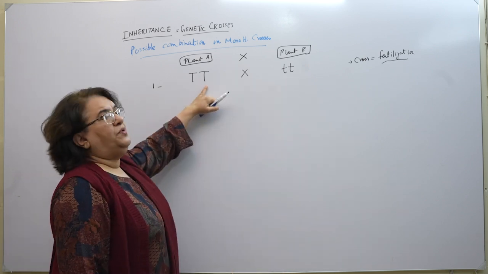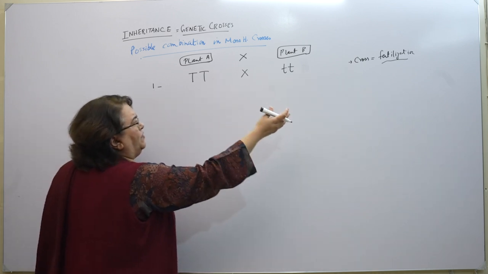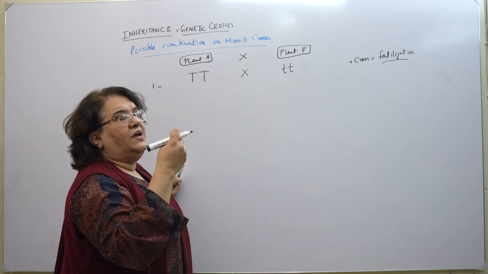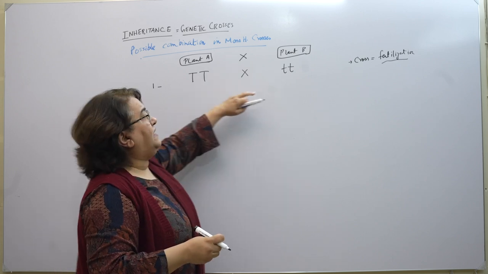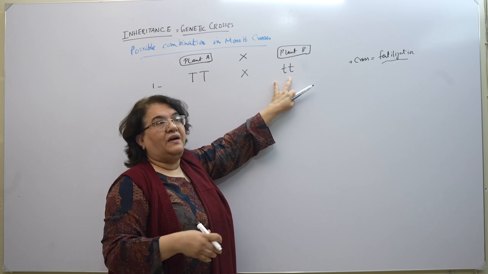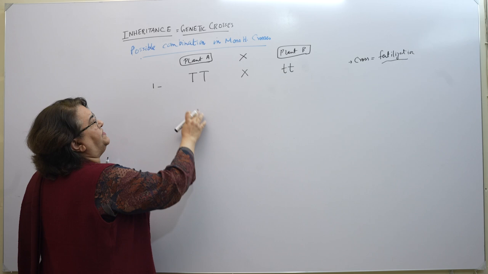But mind you, this is a pure plant and this is a pure plant. So when they combine, we'll have to look at the outcome or the probability coming in the offsprings. If one is tall and the other one is short, what will be the probability of the offsprings being tall or being short? So that is where probabilities of genetic cross is coming.